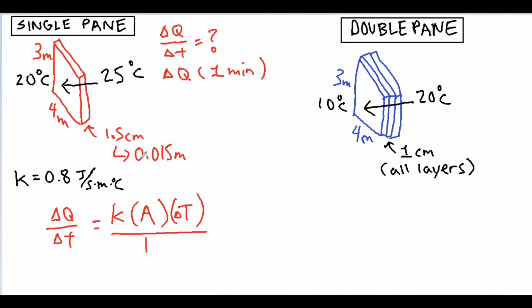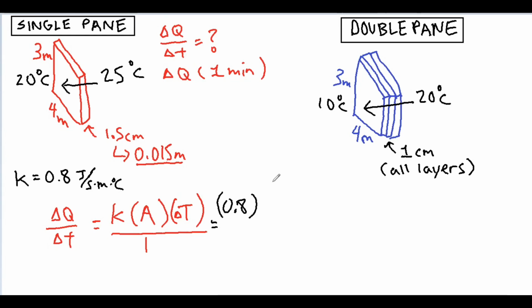We just have to do one conversion, which we already did, and then basically just plug in numbers from there. So we have our constant of 0.8 joules per second per meter per degree Celsius.